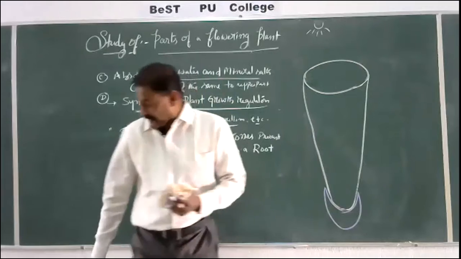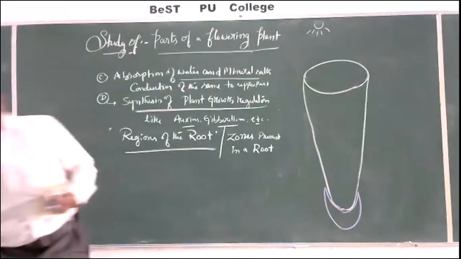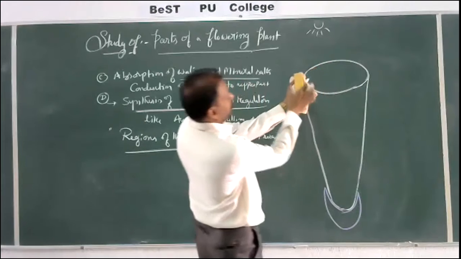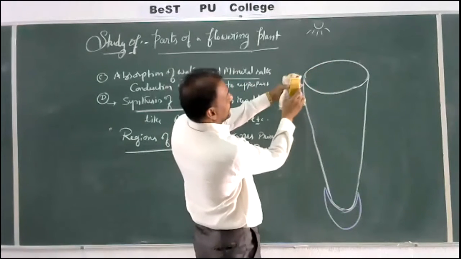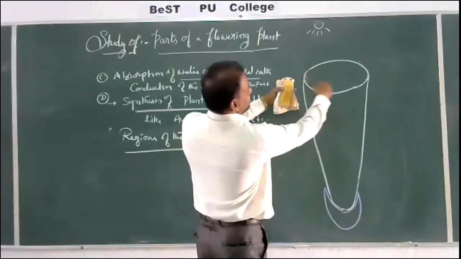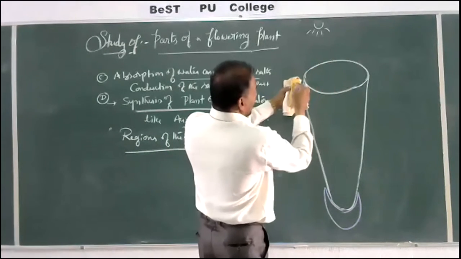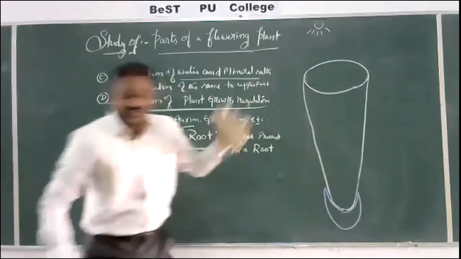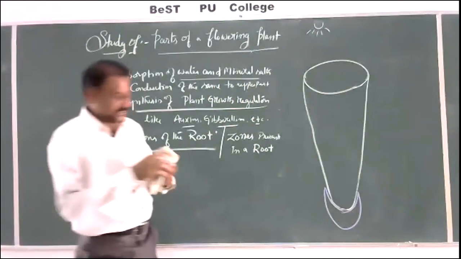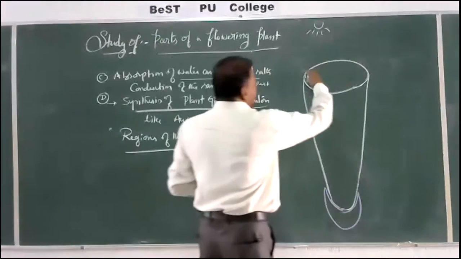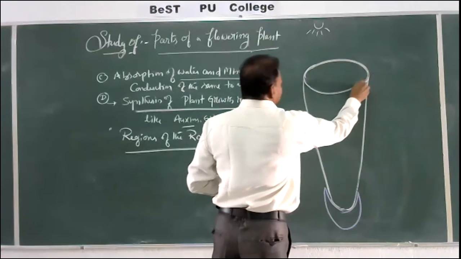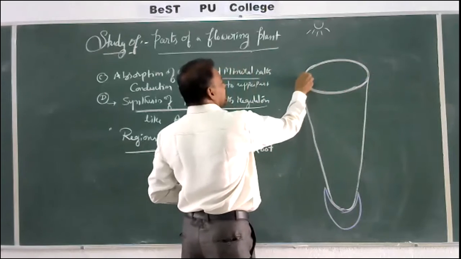So for example, this is the root you are going to watch, but I am showing this part, some internal structure of the root, and here I have shown transparency or longitudinal section to imagine what is there inside. See here, the uppermost layer is called epidermis, like a skin.